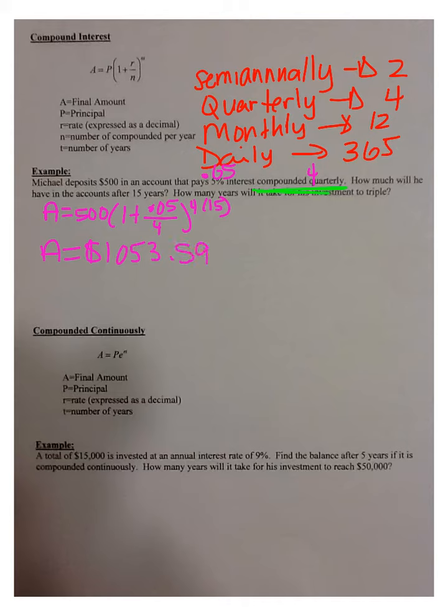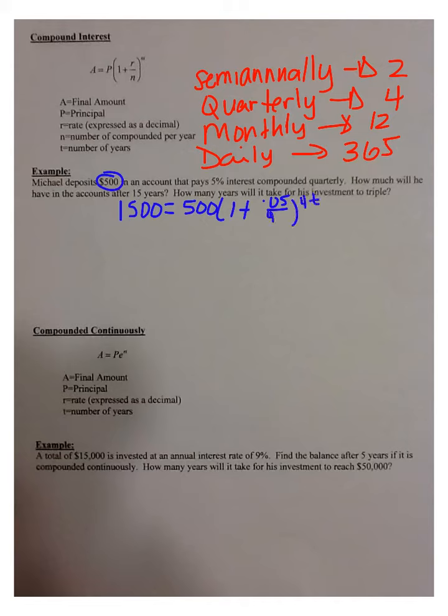Okay, so let's take a look at the next part. It says how many years, that means we're solving for T, if we want his investment to triple. So that means we want our ending value to be triple his beginning value. So I want 1,500 equals 500 times 1 plus 0.05 over 4 raised to the 4t power.